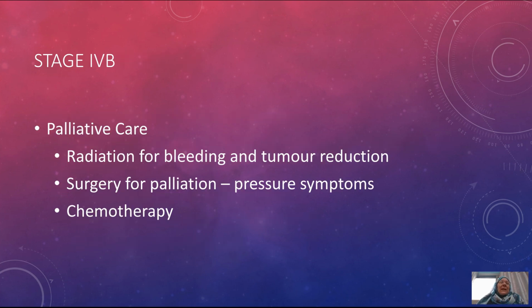Stage 4B is a very dire diagnosis, where tumor reduction and reducing bleeding, pain and problems from the tumor is the way forward. So you might want to apply surgery, radiation therapy, and chemotherapy, all for palliation only.